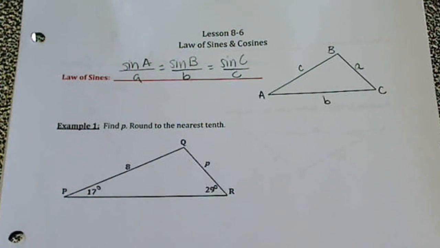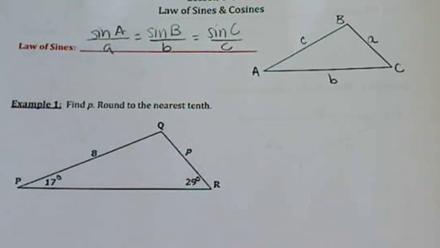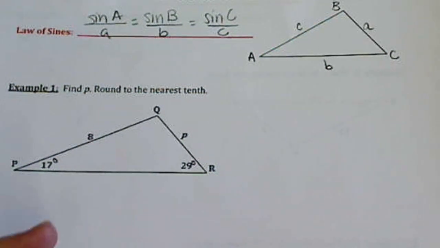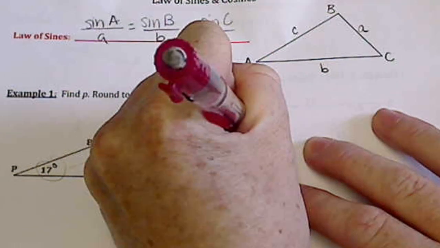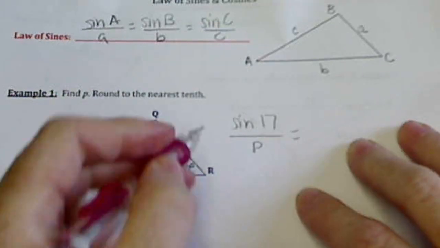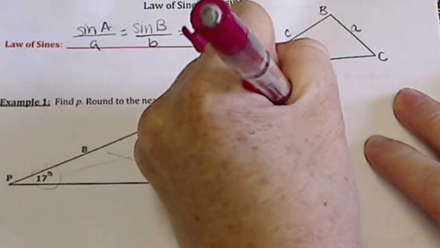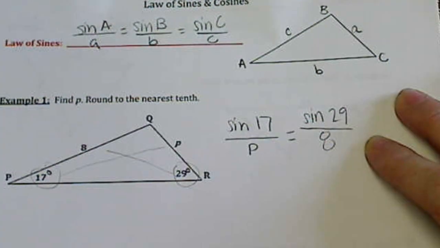So example 1, find P, round to the nearest tenth. You'll notice P is that side, QR, so 17 is across from it, so the sine of 17 over P equals the sine of 29 over 8.